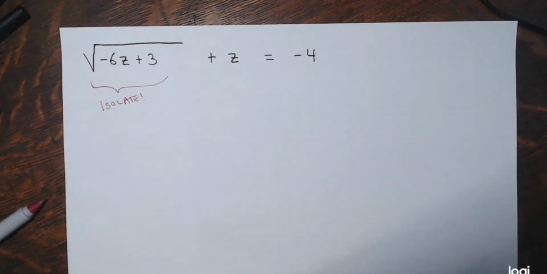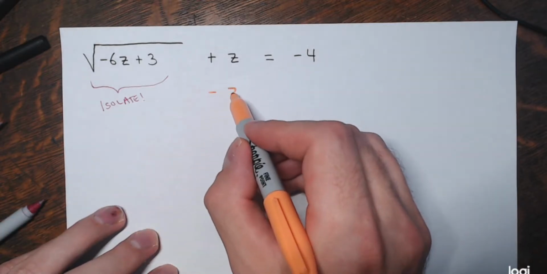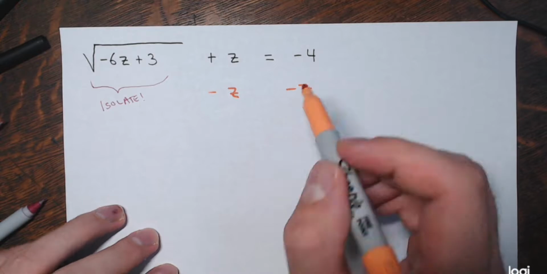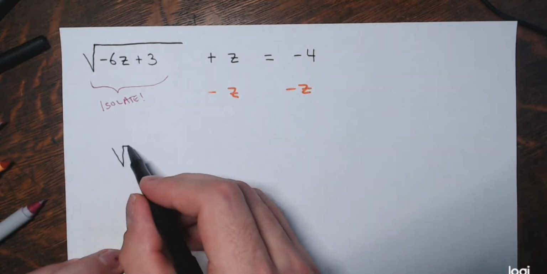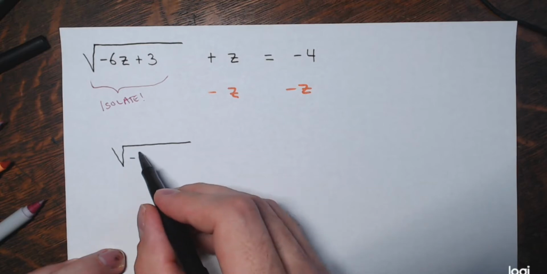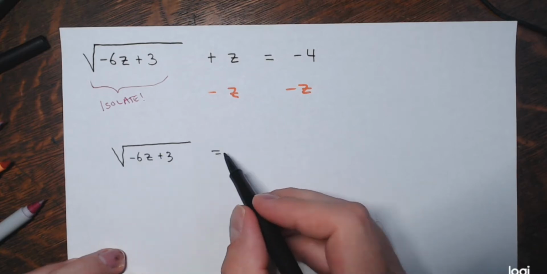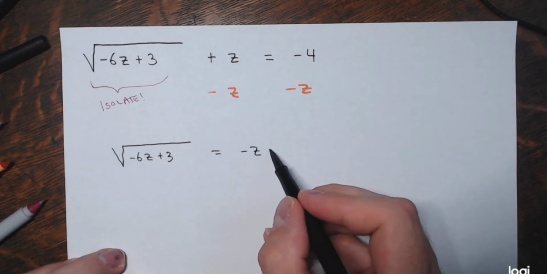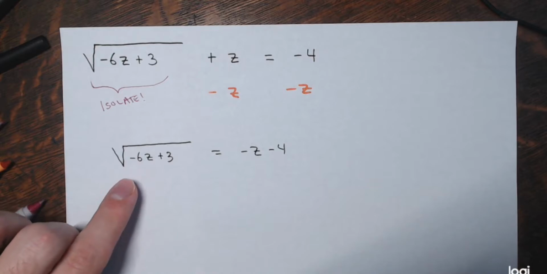In order to do that, I need to get rid of this plus z here. So I'm going to subtract z from both sides. Now we have the square root of negative 6z plus 3 equals negative z minus 4. So now I've isolated the radical.